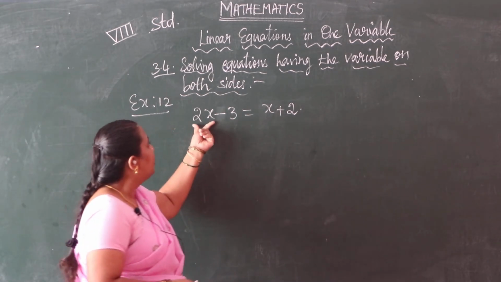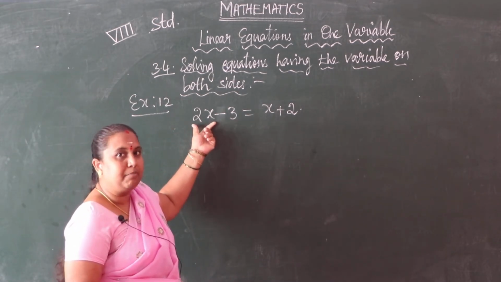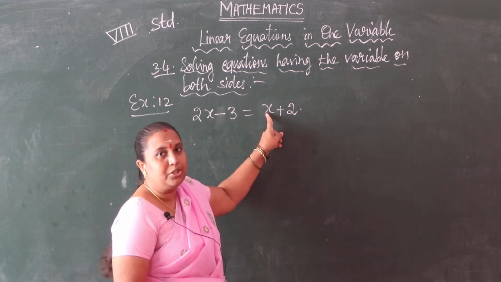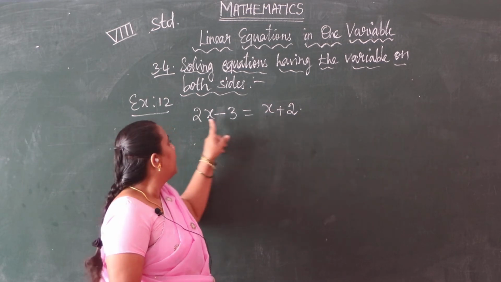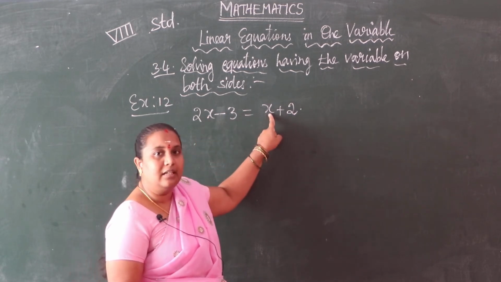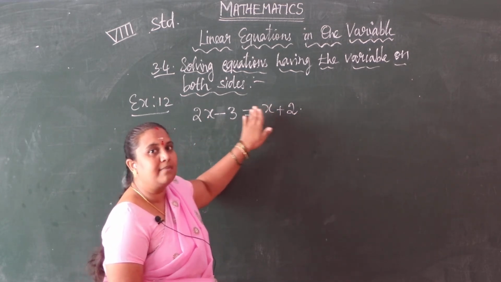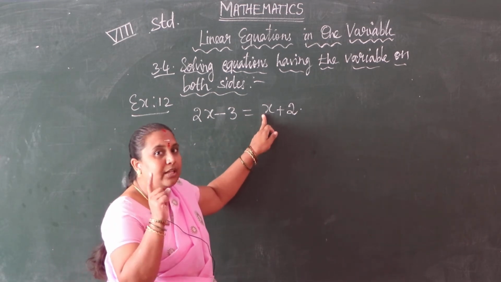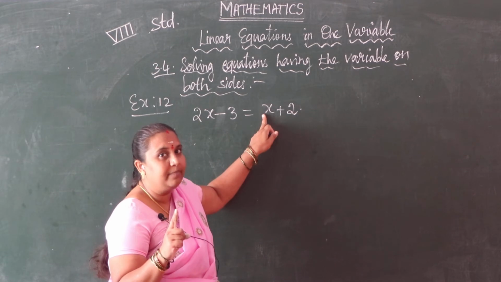See here, 2x is on the positive side, addition side, and x is also positive, which is less. 2x is more, x is less. Now the lesser one comes to the LHS. While transposing you should keep in mind that the sign changes.